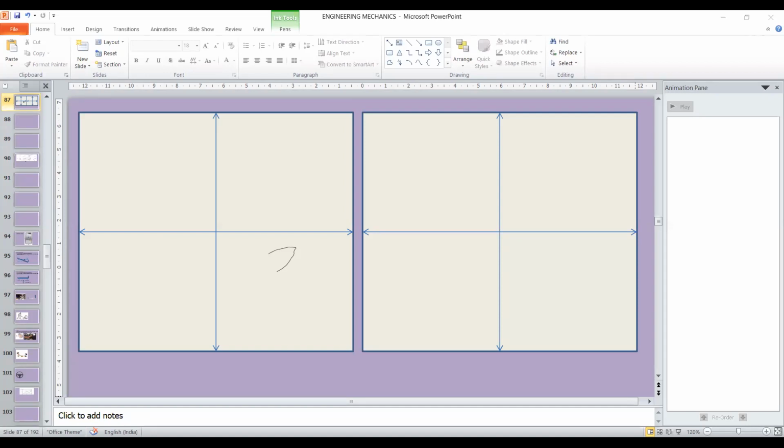So this is complete line of action. Now just shift the vector in the third quadrant. Okay. Force is still acting at the given point, that is a point O. Okay. We have just changed the position from first to third quadrant on the same line of action.